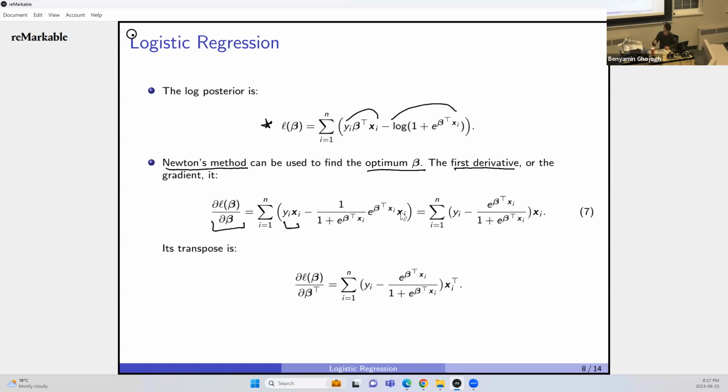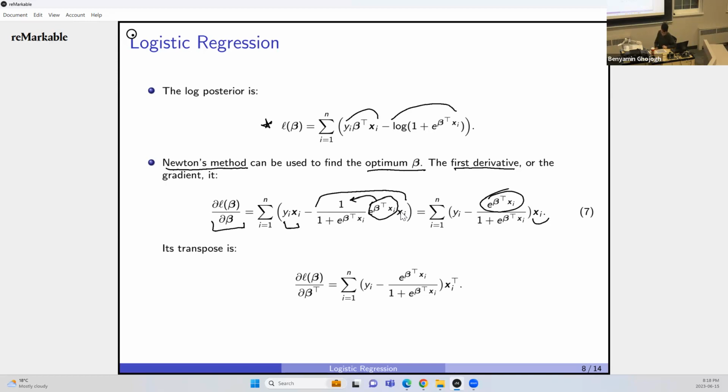And also we need to do the chain rule, because inside of that we need to take the derivative. So this derivative becomes this, right? And what happens then? I'm bringing this to the numerator as this, and I'm factoring out xi. Xi is a vector.